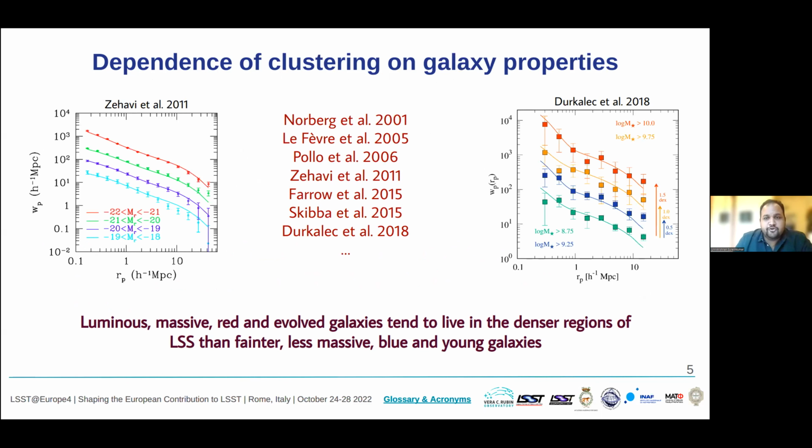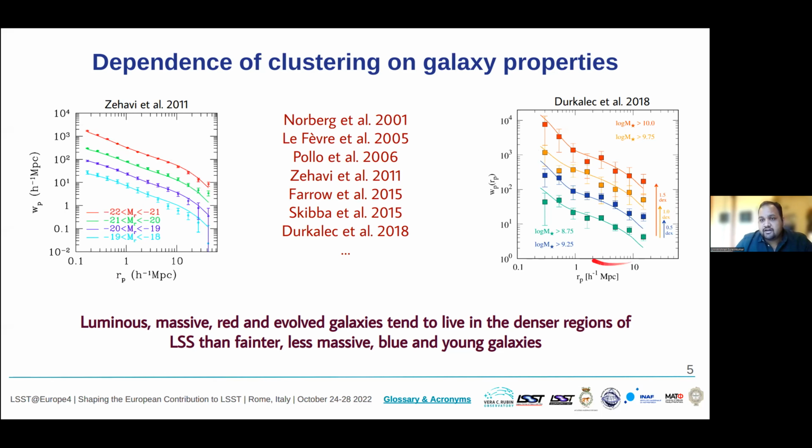These are a few of the many works which explore this. For example, here are the correlation function measurements for galaxy samples of different brightness in the R band, which tells us that the galaxies which are brighter in the R band exhibit a stronger clustering than the fainter galaxies.